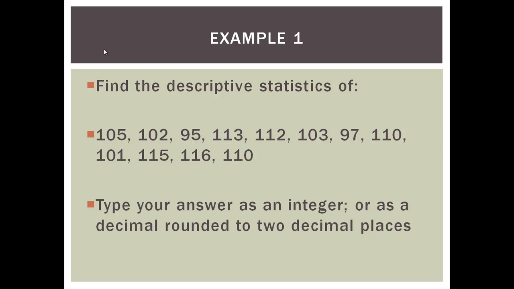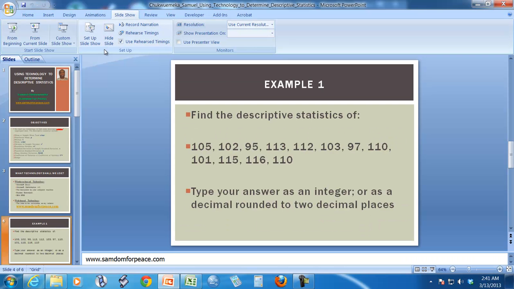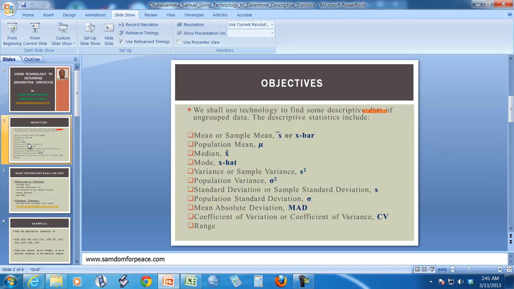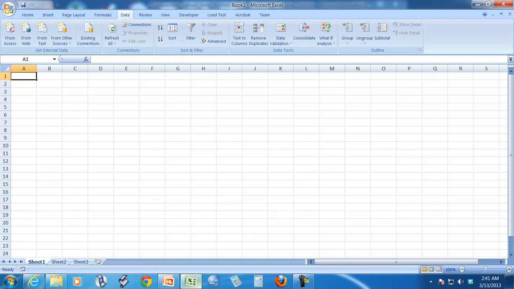Let's start with Excel. And remember, our objective is to find all these descriptive statistics. I have all the things open up here on the taskbar so that the video won't be that long. So I just have Excel right here.